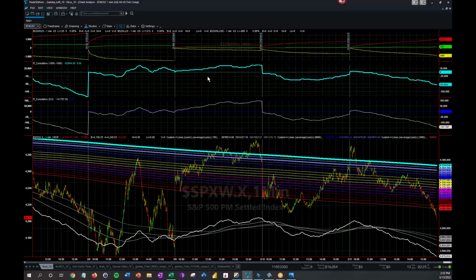The next trace down is what we call the filtered cumulative tick. This is basically a strong indicator of large, continuous sweep orders that are presented to the exchanges. We call this the institutional indicator, and you can see that on Friday we had some, not linear down, but it was downward all day.